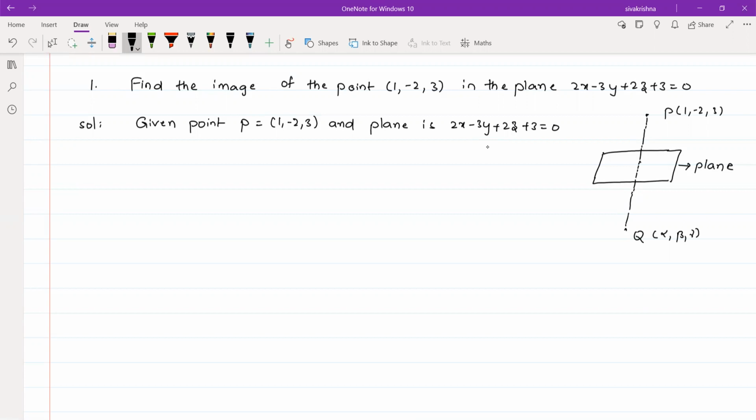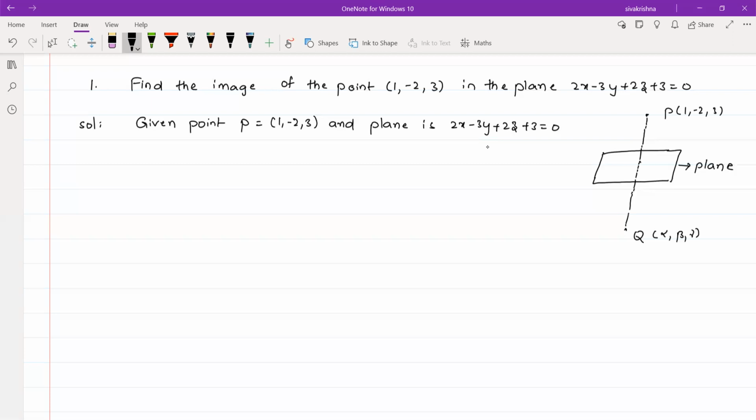So we have 2 ways to find the equation of a line: whenever we have 2 points, or whenever we have 1 point and the DRs of that line. At present we have only a single point, but I can find the DRs of the line PQ.